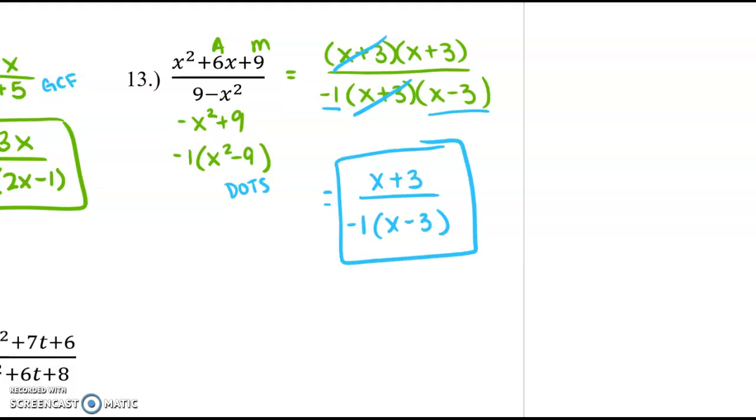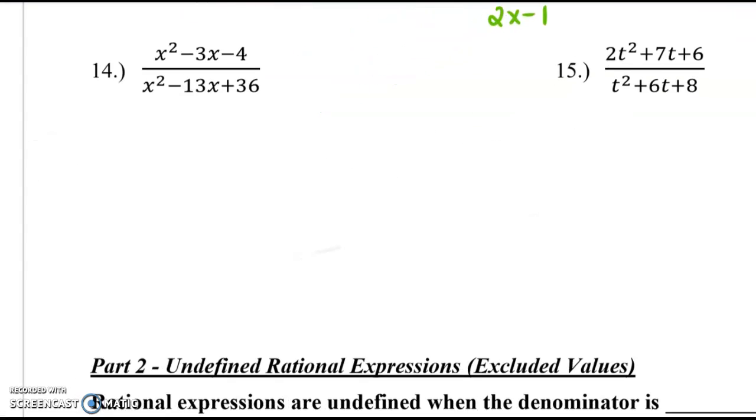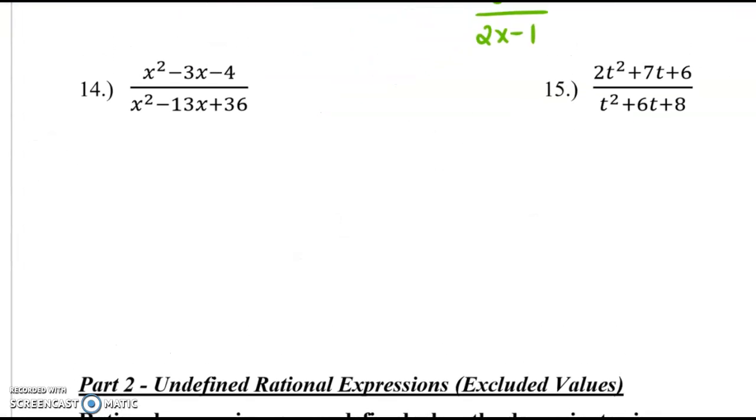All right, so for all of these, you are factoring and canceling, factoring and canceling. Looking at this one, this is an add multiply. So two numbers that multiply to negative 4 and add to negative 3 are going to be x minus 3 and x plus 1. And then the denominator, you've got another add multiply.